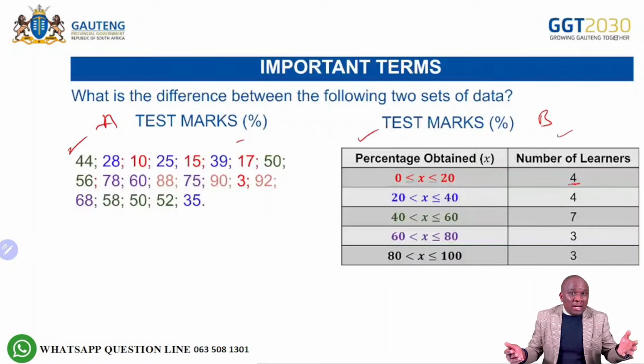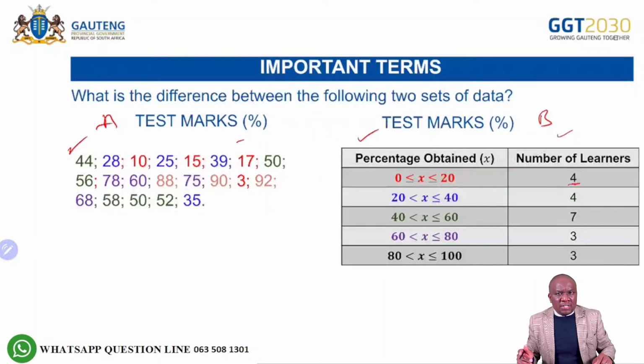It can be any mark that is between 0 and 20. You see that? So that's why we use the instructions, estimate the mean, estimate the median, estimate the mode, because we cannot get the actual mode because we don't know the actual data items.